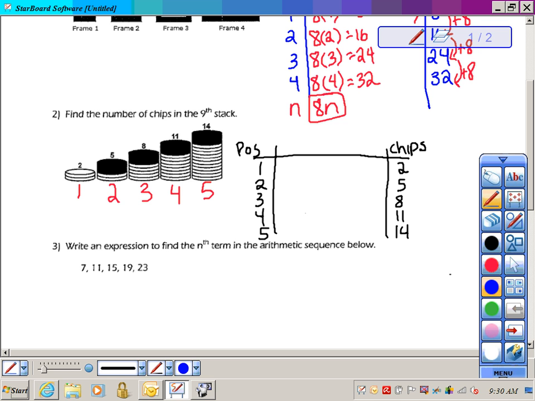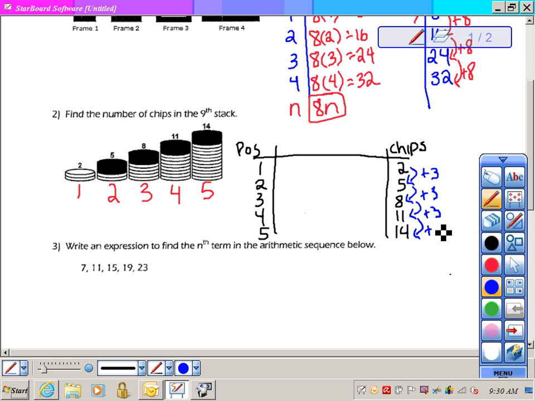Let's figure out how many chips we added every time. 2 to 5, added 3. 5 to 8, 8 to 11, and 11 to 14, plus 3. Is this a sequence? Yes.